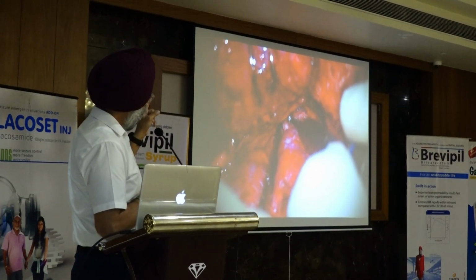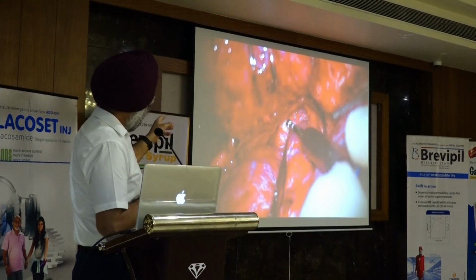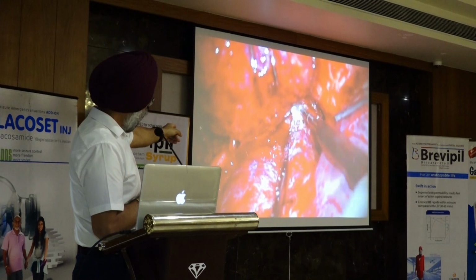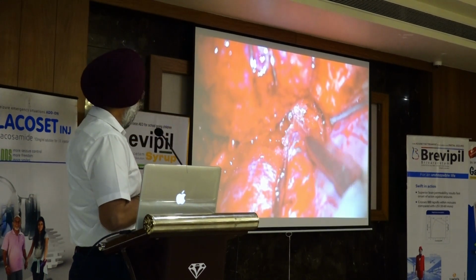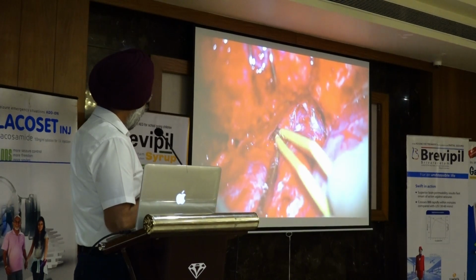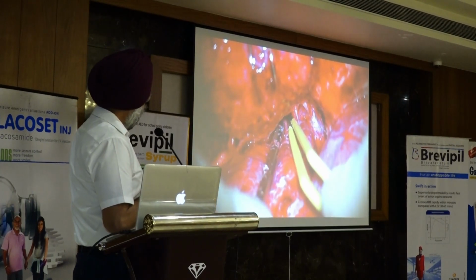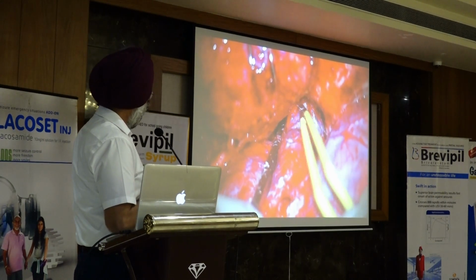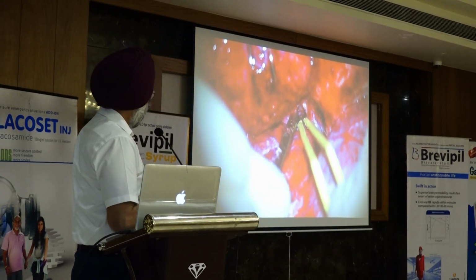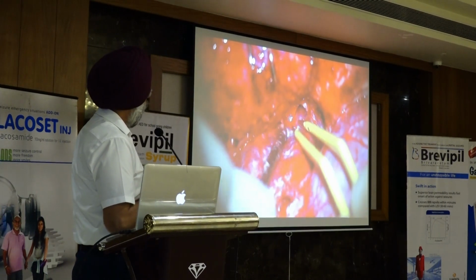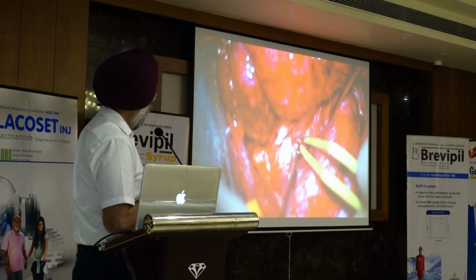So we have now visualized V2, V3, and just posteriorly there will be the middle meningeal artery, which will be dissected and cut first. So this is V3, V2 is anterior, and this is the middle meningeal artery.